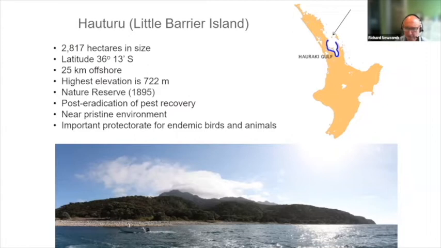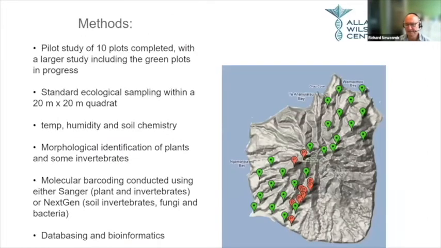It's as close to pristine as you'll get close to a large city. It's an extinct volcano, and it's very, very difficult to get to. And one of the reasons I was very interested in being involved in this study was actually to get to Hauturu, because it's one of the last places in New Zealand where you actually have a full dawn chorus with all the birds and everything.